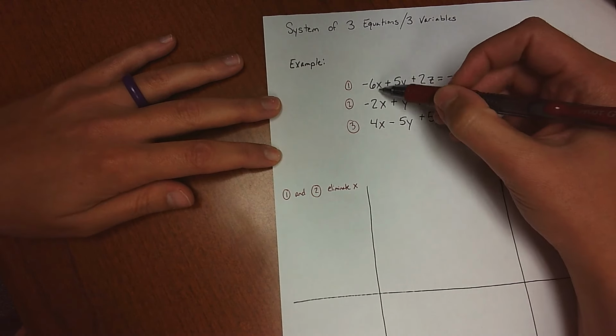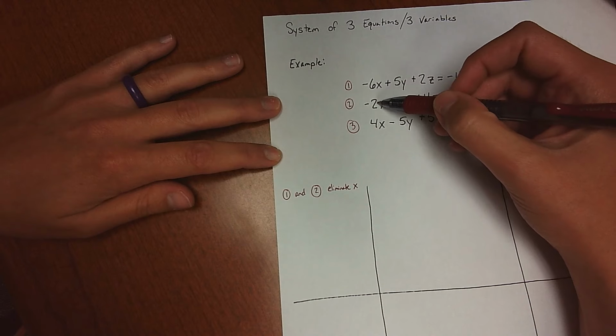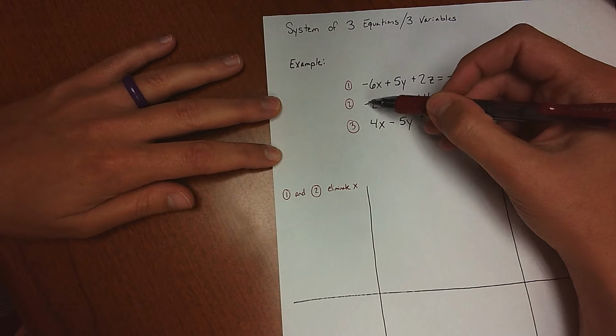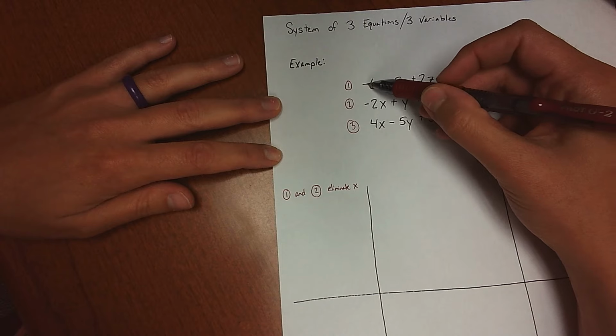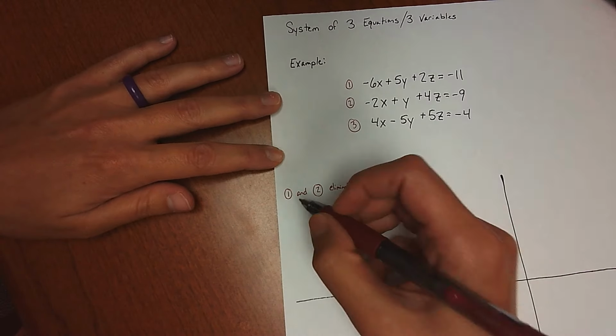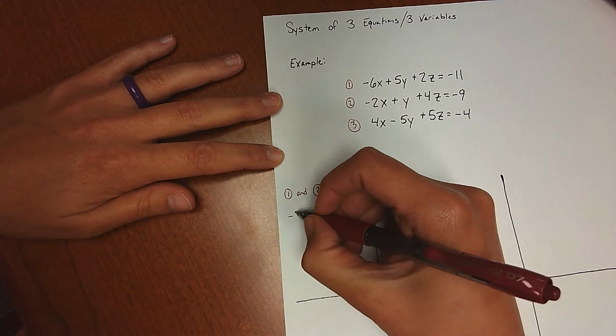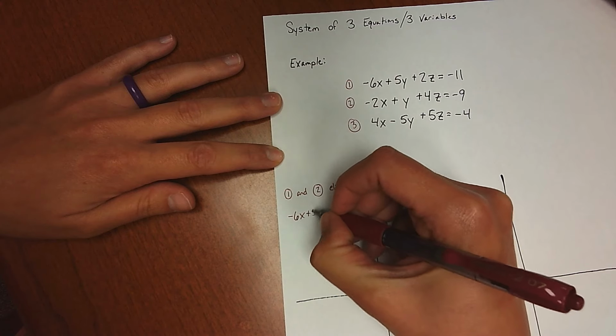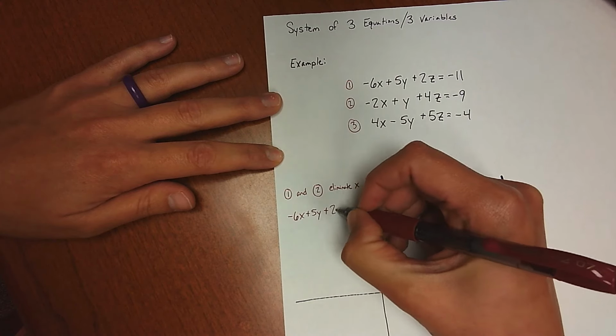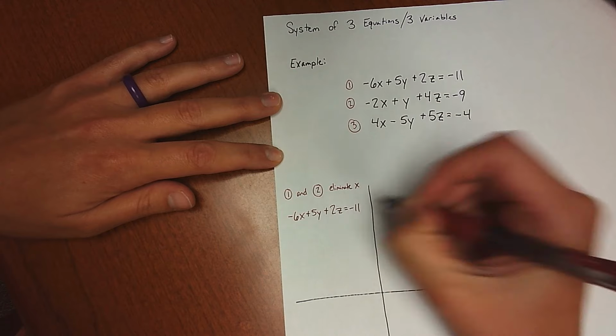Alright, so trying to eliminate the x variable, when I add these 2 equations together, I need to have the same number in front, but with opposite signs. So right now I'm just going to leave my equation 1 alone. I'm going to go ahead and write down -6x plus 5y plus 2z equals -11.